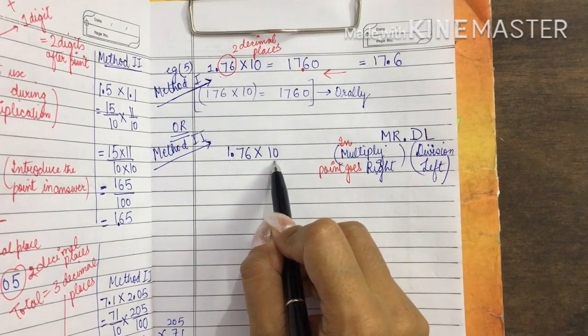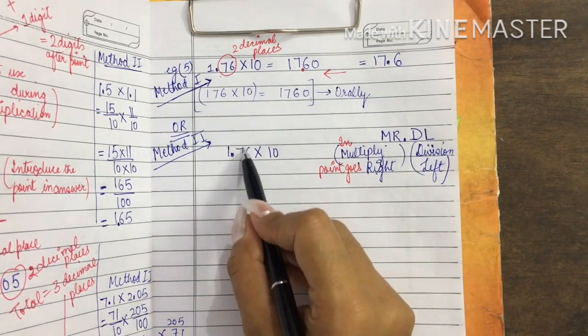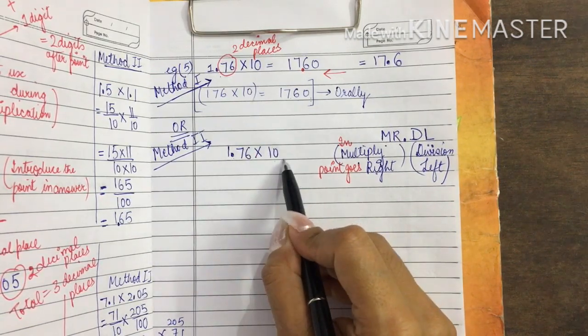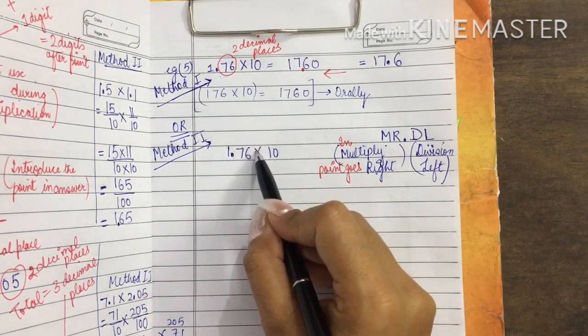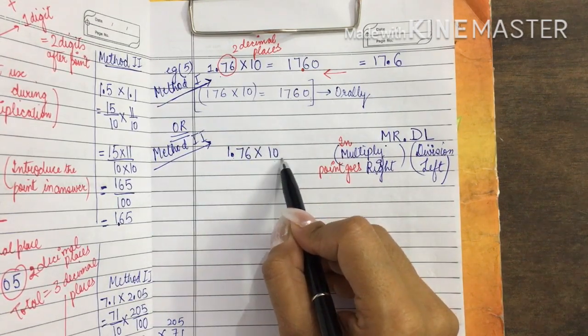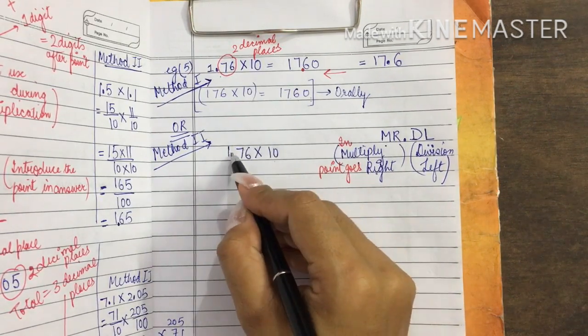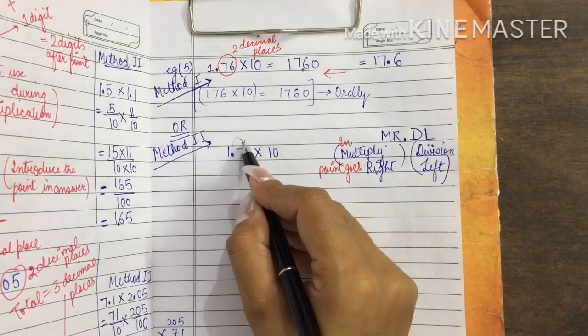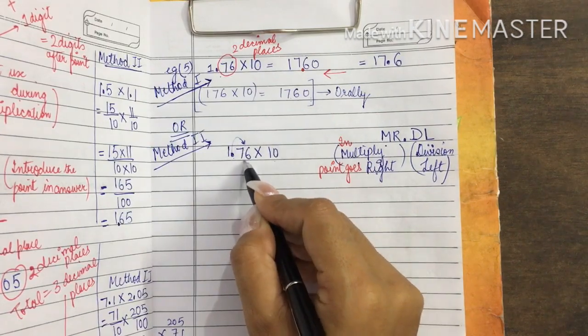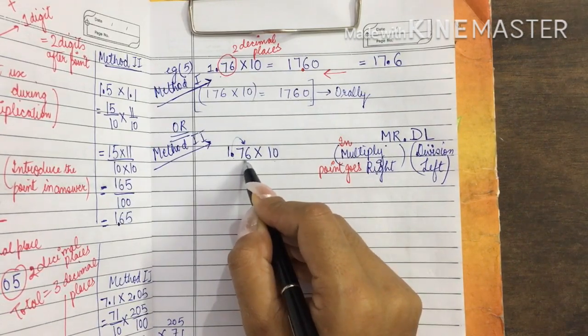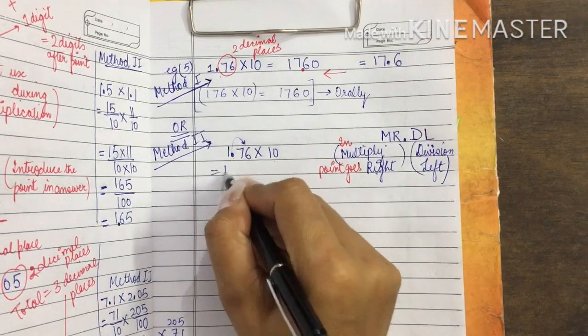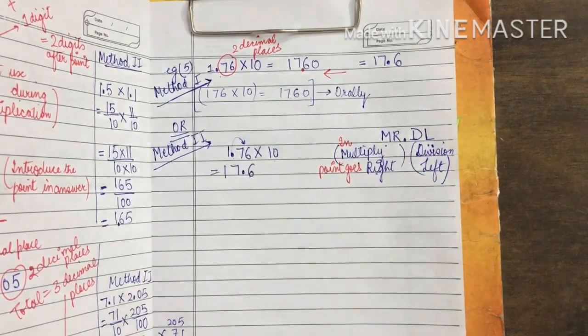If we are multiplying with 10, 10 has 1 zero, so the point will move 1 place. If it was 100, the point will move 2 places. If it was 1000, it would move 3 places. So right now I have 10. The point will move 1 place to the right side, and from here now it will appear between 7 and 6. So this will be 17.6.